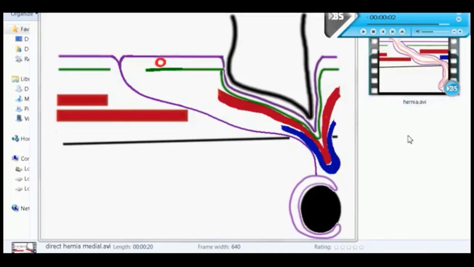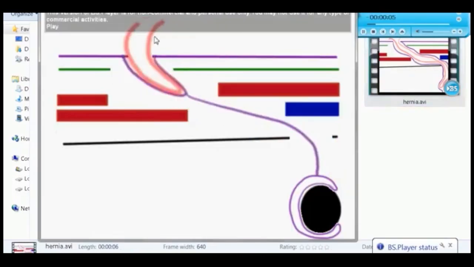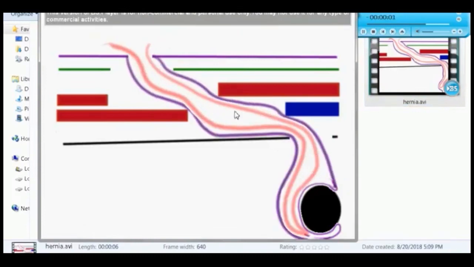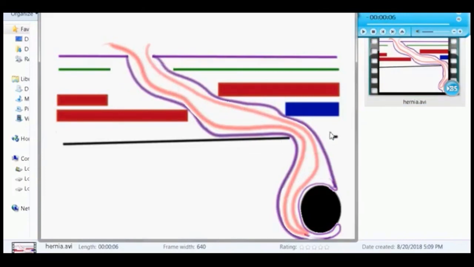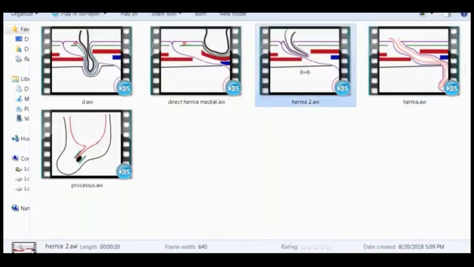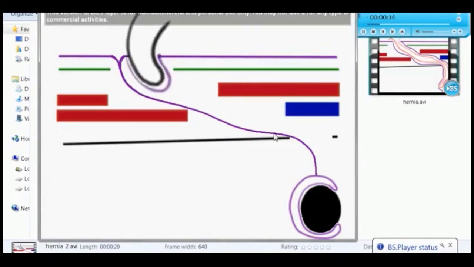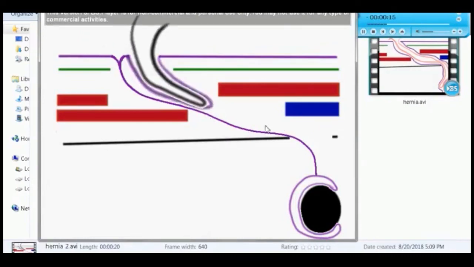So we make a rapid review about the types of hernias. This is the congenital indirect, through the processus vaginalis, which remains due to failure of fusion, of obliteration, of the processus vaginalis. This is the congenital indirect. Then the acquired indirect, the acquired pulsion sac through the inguinal canal.